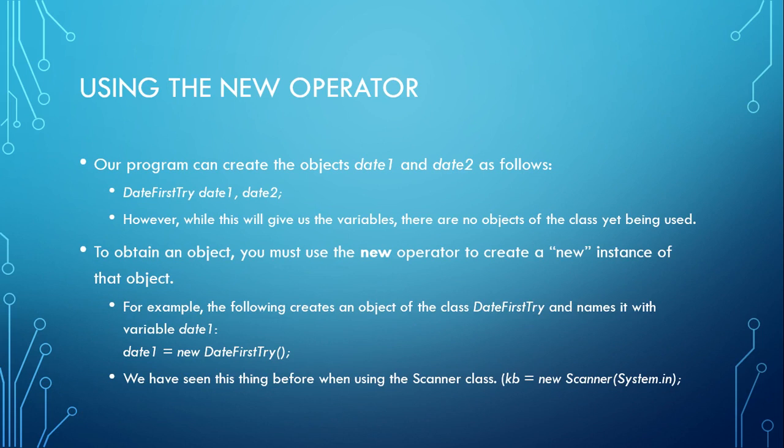To obtain an object, we must first use the new operator to create a new instance of the object. For example, the following creates an object of the class DateFirstTry and names it with the variable date1: date1 = new DateFirstTry. We have seen this kind of thing before when using the Scanner class, for example, kb = new Scanner(System.in). New simply tells the code to create that object. That's all it is doing, because if you don't do it, it doesn't create the object.